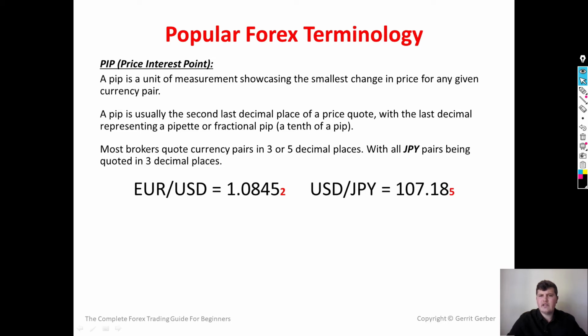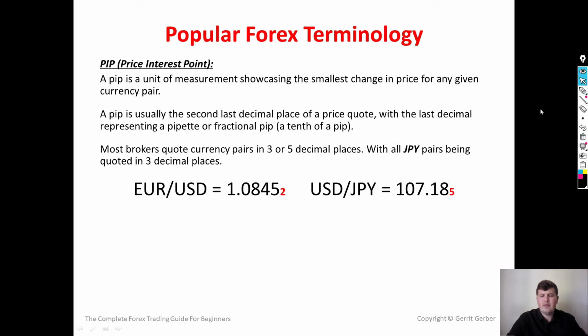As you can see, the Japanese yen pair has only 3 decimal places, and the other currency pairs contain 5 decimal places.